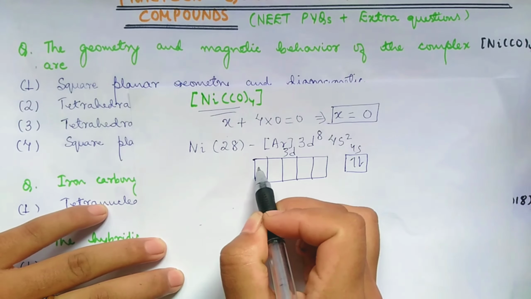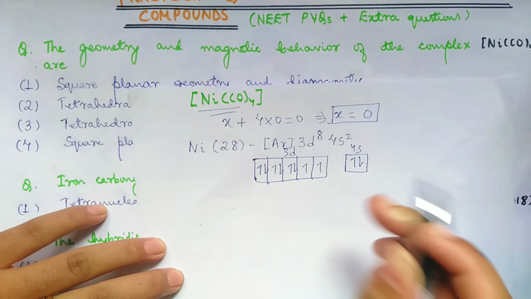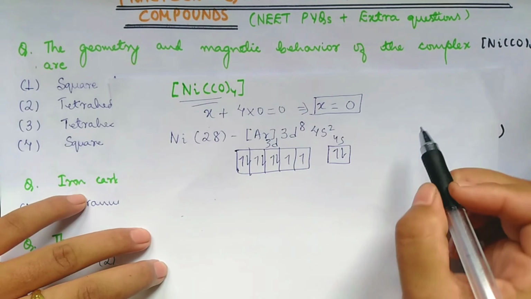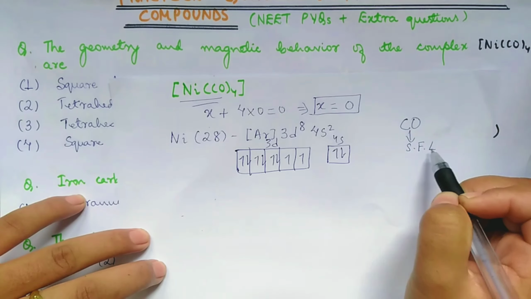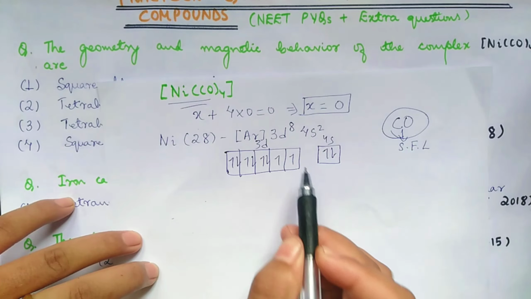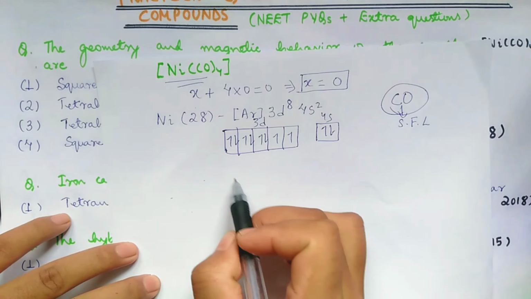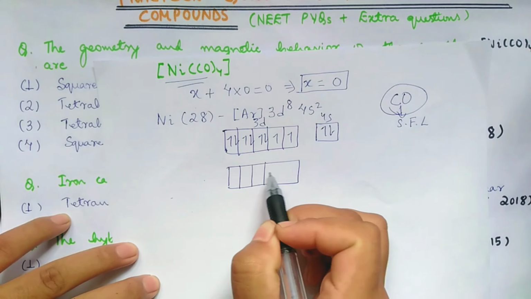In the 3d we have 8. 1, 2, 3, 4, 5, 6, 7, 8. Now look here, this ligand is a strong field ligand. Since it is a strong field ligand, what will happen? These electrons will involve in pairing. They are paired up.